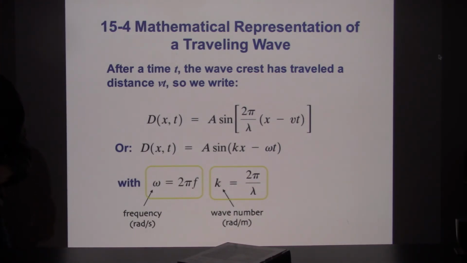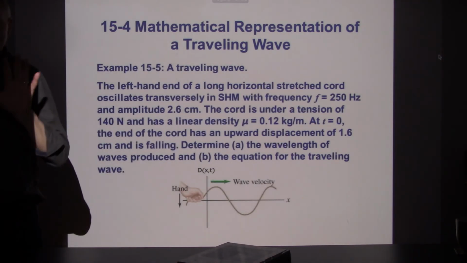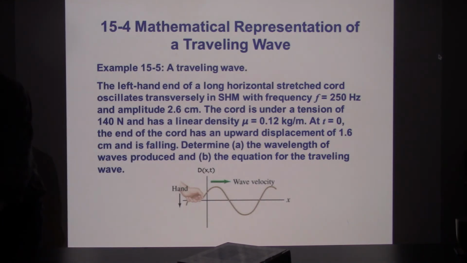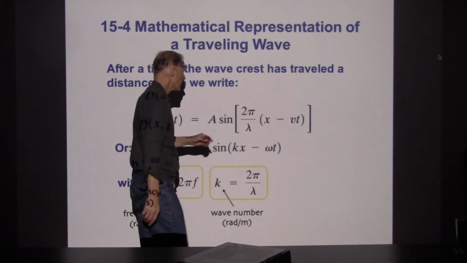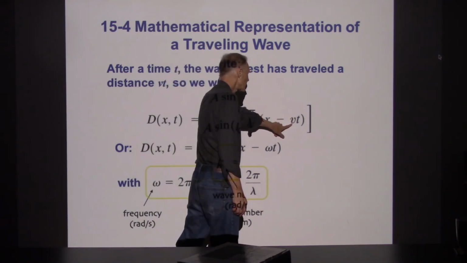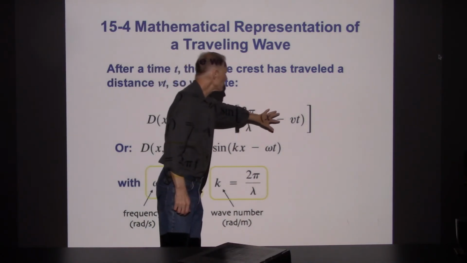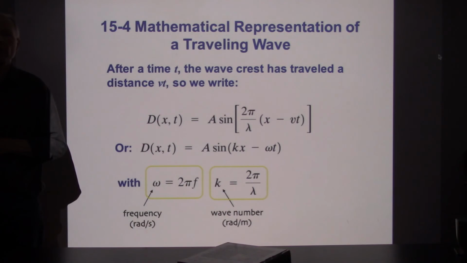Now what that's representing is a disturbance, a wave, that's propagating. That's a wave propagating to the right at speed v. Now, if I wanted it to propagate to the left, I would put a plus sign. So a plus sign will reverse the direction and represent a disturbance propagating to the left.